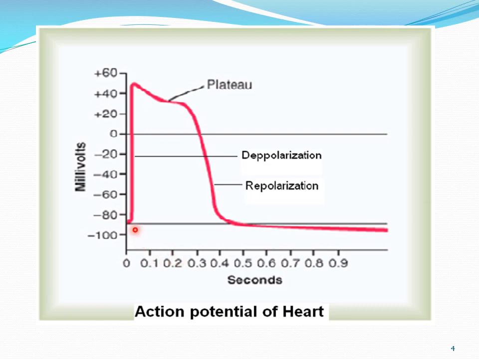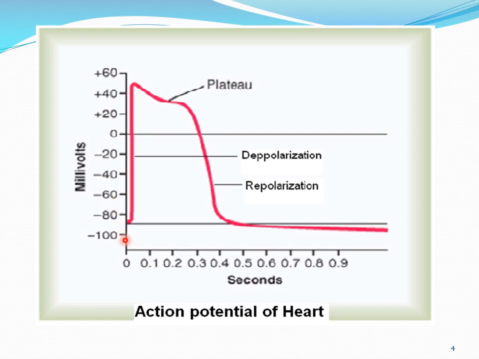So here see the phases and the causes. First there is a depolarization, which is due to the rapid opening of the sodium channels and a rapid influx of sodium ions inside the cell, which increases the potential from -90 to +20 millivolts.